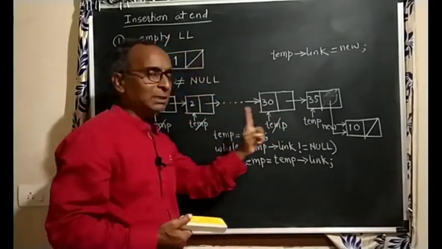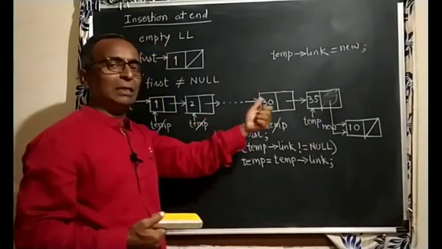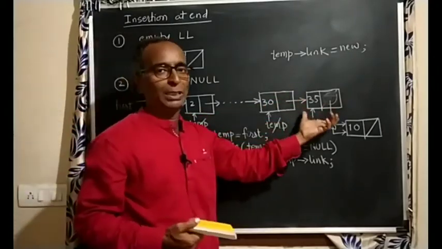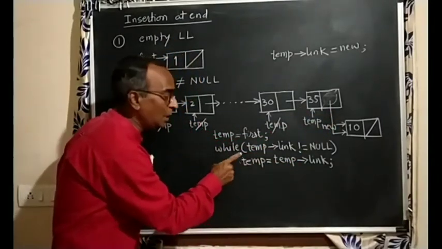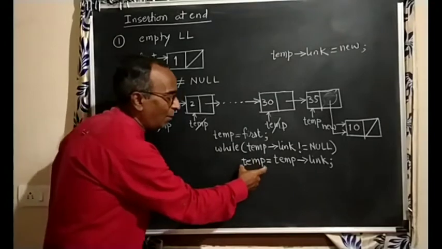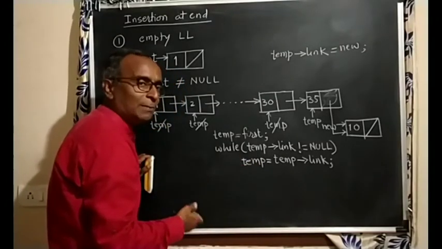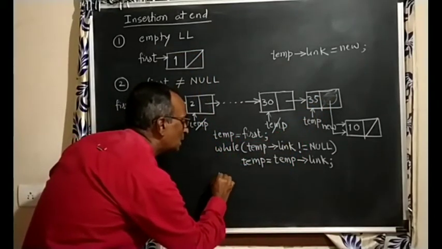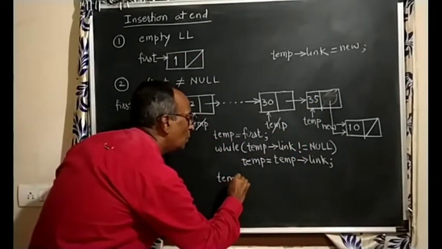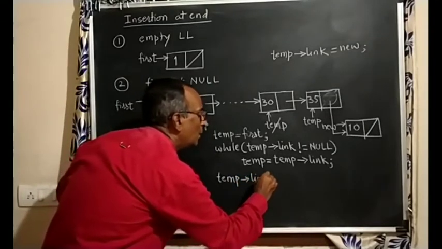So traversing is required sequentially in a linked list for getting the last node's address. Now I get the last node's address in temp. Now I have the last node's address in temp, so I can access this field now. So out of this while loop, I have to adjust this link field only.